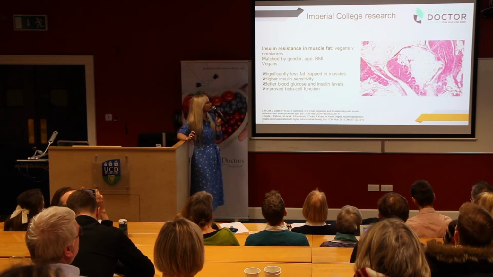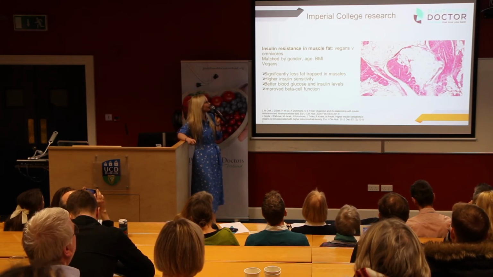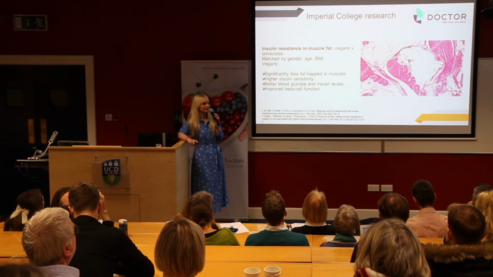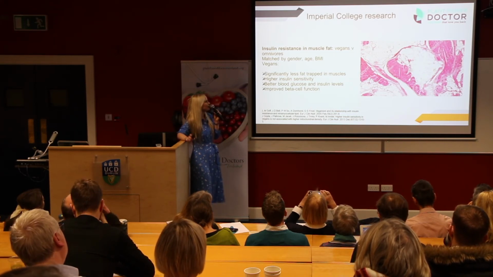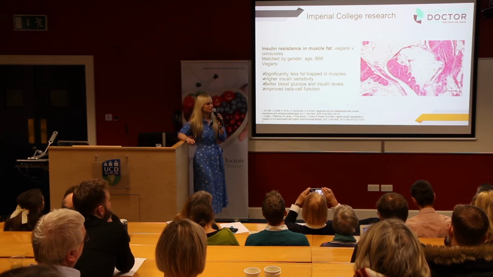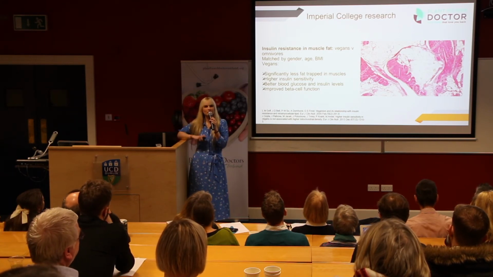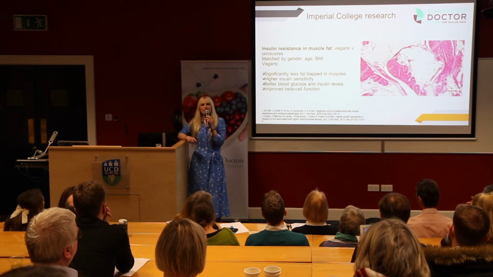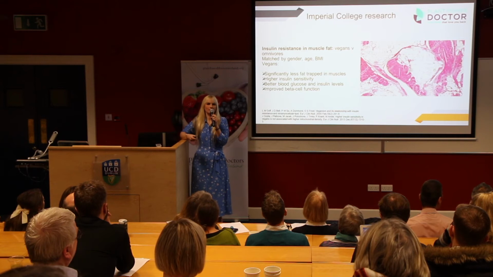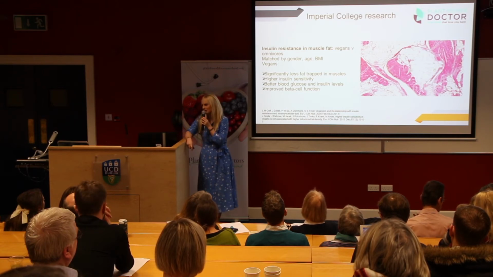And the people that had a vegan diet had significantly less fat trapped inside the muscles. They had much higher insulin sensitivity, better blood glucose and insulin levels, and improved beta cell function. So the beta cells in the pancreas that make the insulin were working much more efficiently.